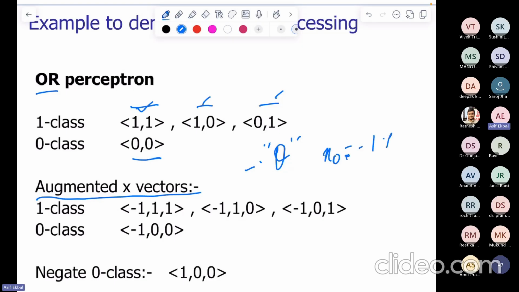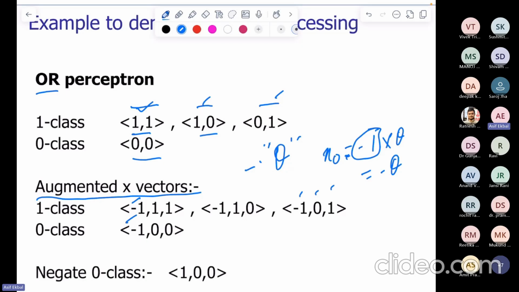If you multiply -1 into theta, ultimately it becomes minus theta. So the value of X0 is -1 here. Augmenting means nothing but adding one more dimension, one more component, to all these vectors: -1 1 1, -1 1 0, and -1 0 1.